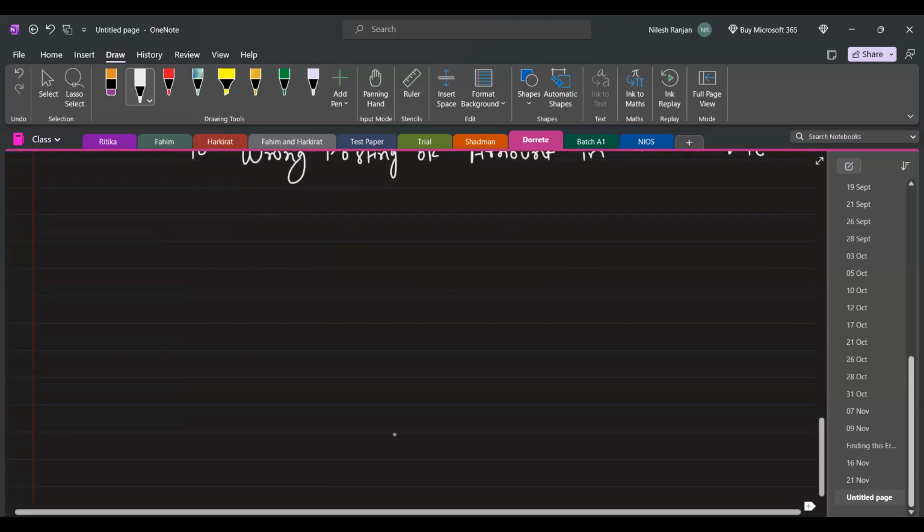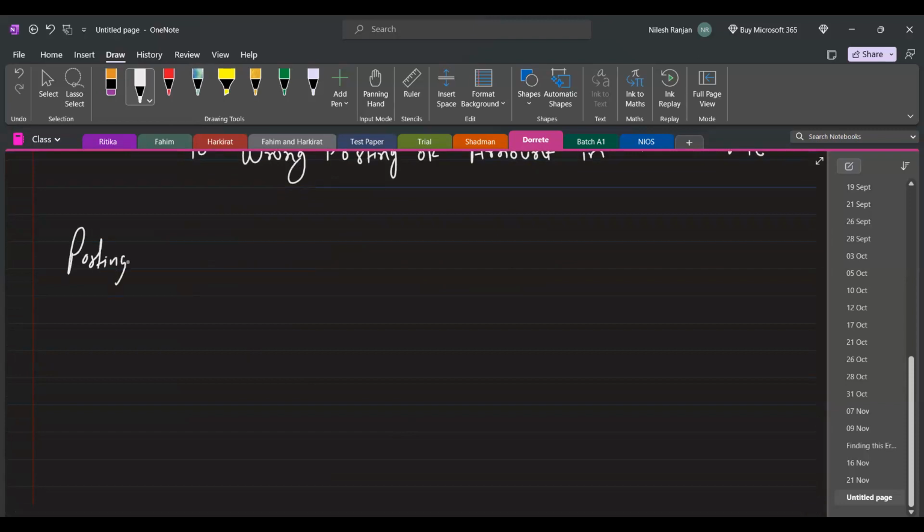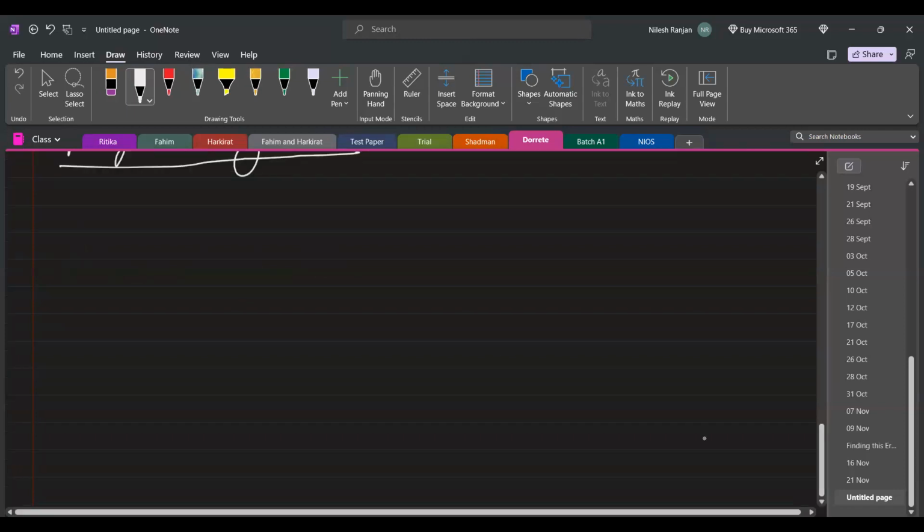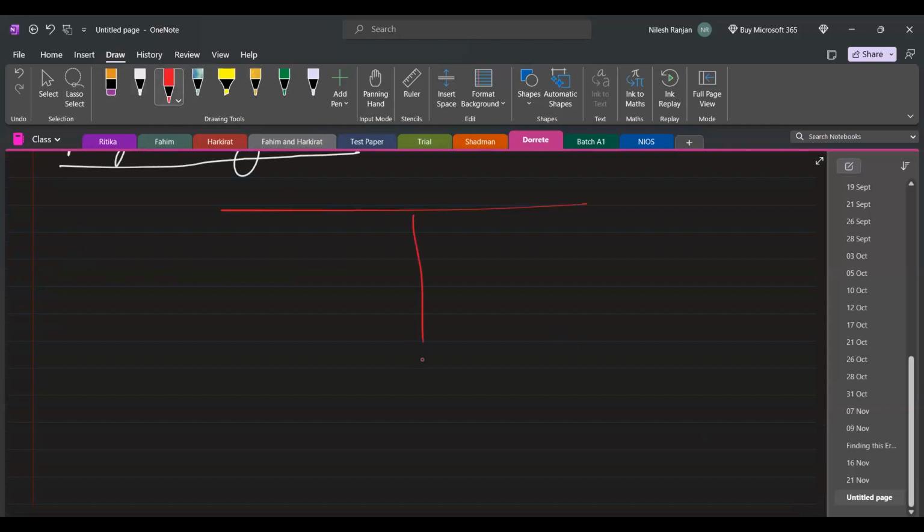Now, wrong side posting, posting in the wrong side. I'm giving you an example here. You have to decide what we should do. There is a sales account we have, and in the sales account there are different sales.